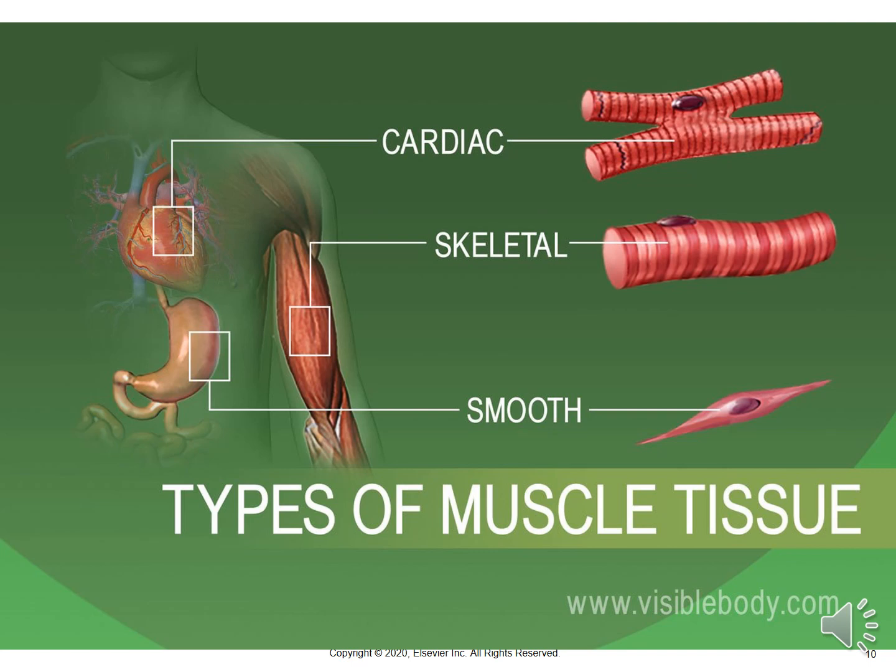Skeletal and smooth muscle also need stimulation by the nervous system to contract. Smooth muscle is found primarily in the lining of your hollow organs. It helps squeeze things through and throughout the body. Whereas skeletal muscle is primarily voluntary.